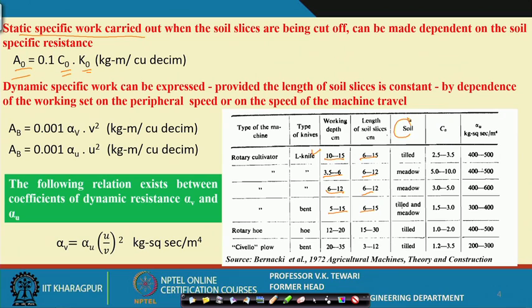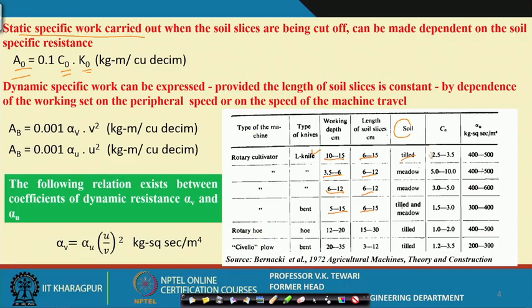It is not within the scope of this lecture to talk about the different types of soils, but from an engineer's point of view, if you just take tilled soil and meadow soil, these two aspects, then we will find the values of C 0 and K alpha u, the coefficient of dynamic resistance, U b for the forward speed and U I for the peripheral velocity of the rotor. For these two we can get the value of C 0 and C from this particular table.